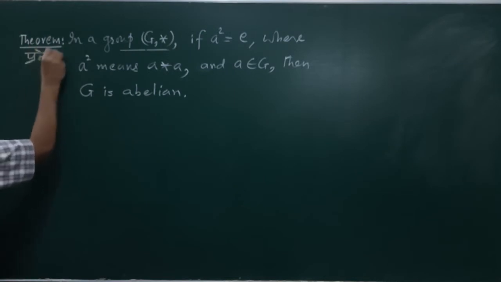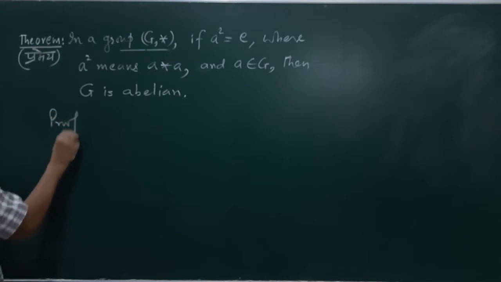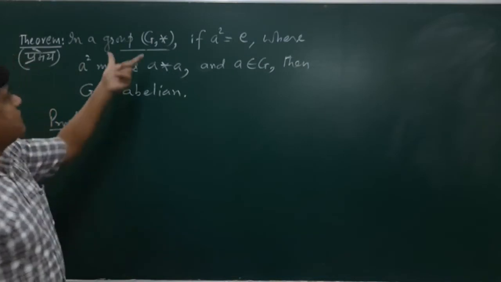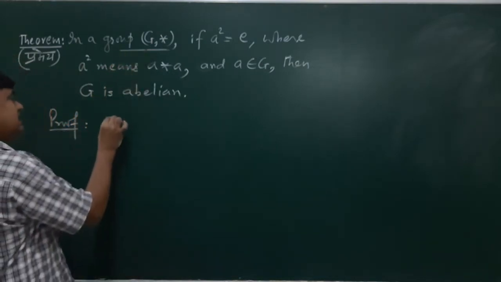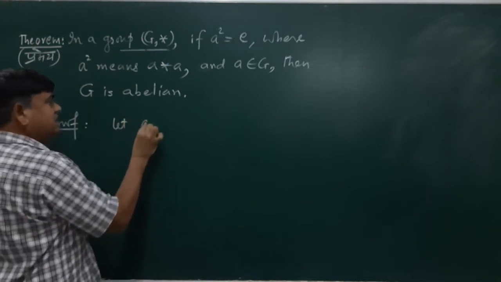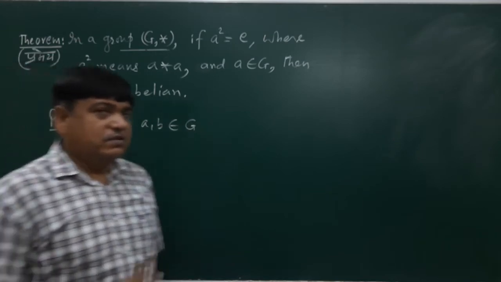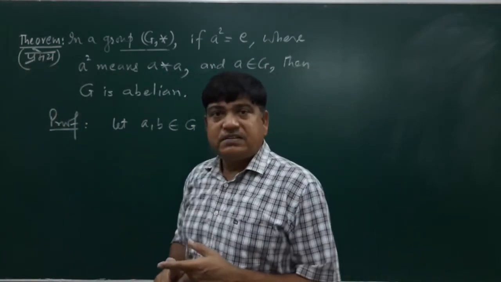The proof. G is a group. Okay, so let A comma B belong to G. Always remember, we have to prove G is abelian.